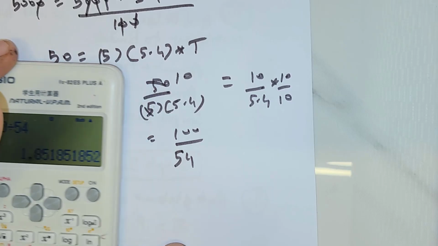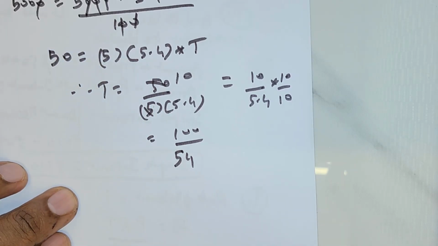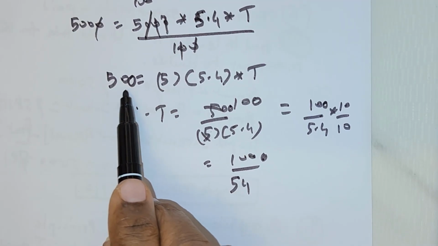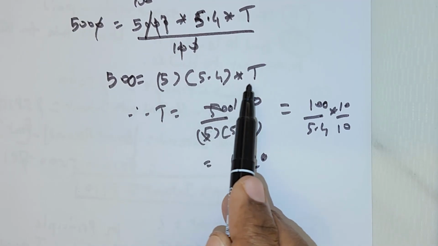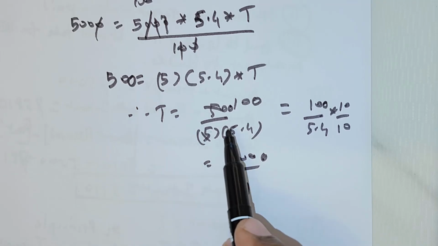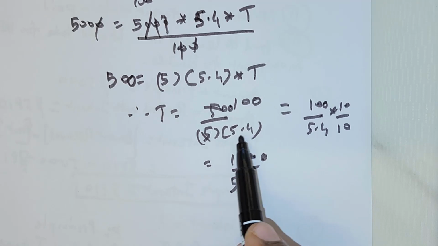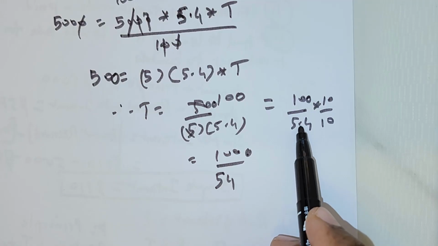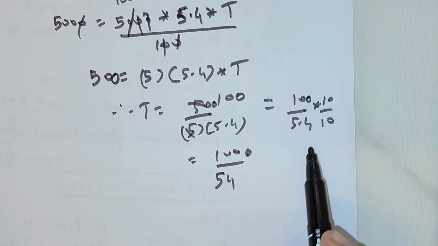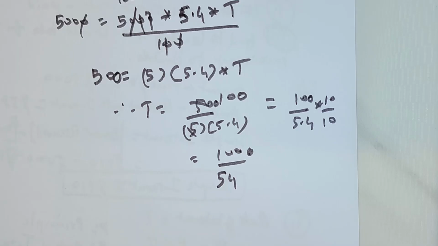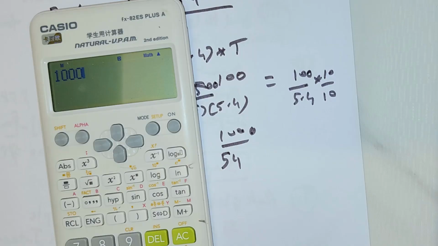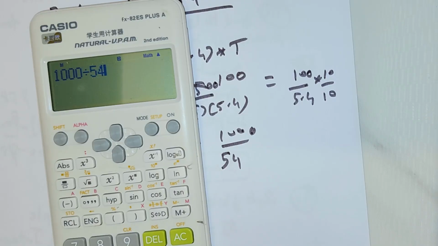Upon simplification, we've got 500 equal to 5 times 5.4 times t. I need to get the value of t, so I rewrite it as 500 divided by 5 times 5.4. 5 divides 500 to give 100. I have 100 over 5.4. I need to get rid of this point, so I multiply by 10 and divide by 10. I get 1000 divided by 54.